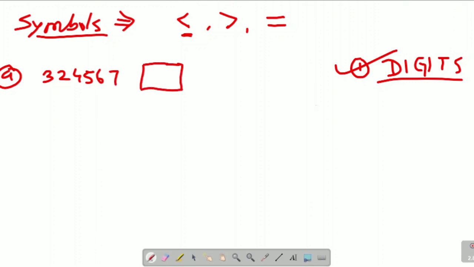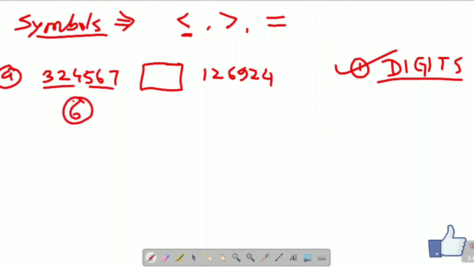Let me put a box, and 1, 2, 6, 9, 2, 4. Now students, in this condition what will we do? Both numbers have the same digits: 3, 2, 4, 5, 6, 7 has 6 digits, and 1, 2, 6, 9, 2, 4 also has 6 digits. So according to the first tip we can't compare.